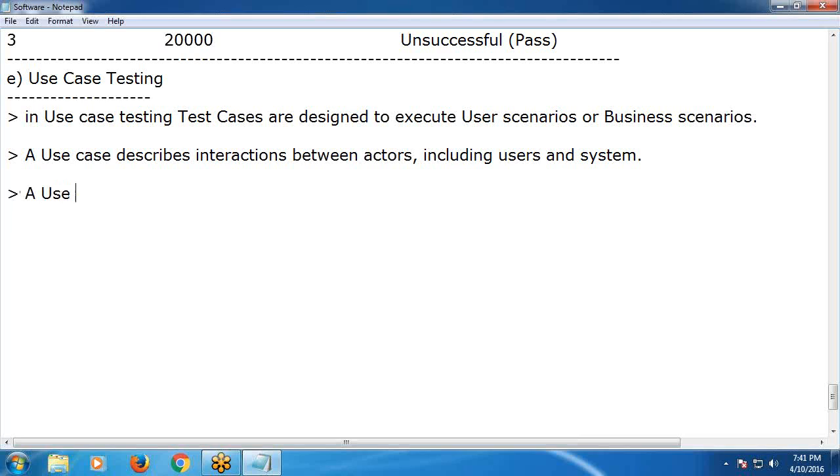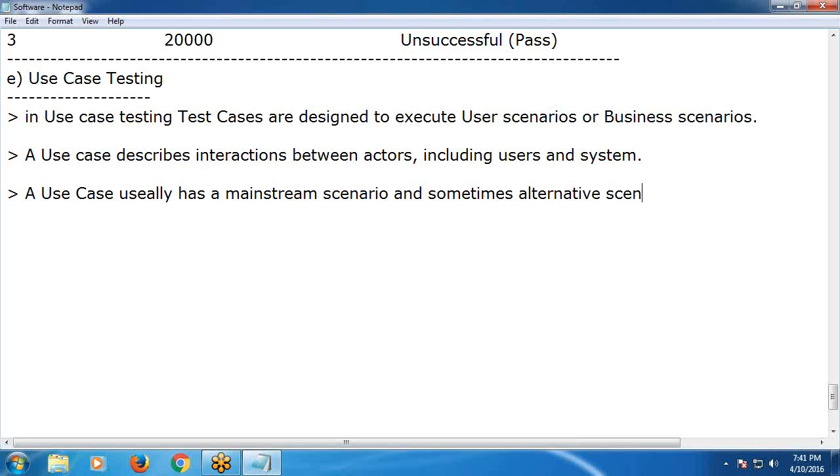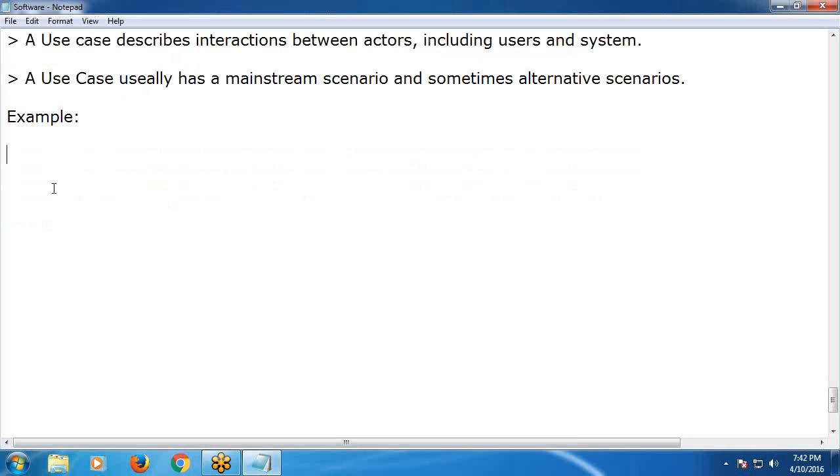See, example, business scenario or user scenario.